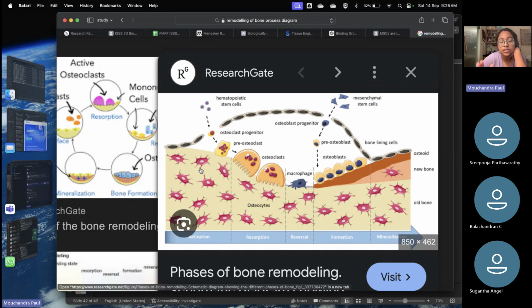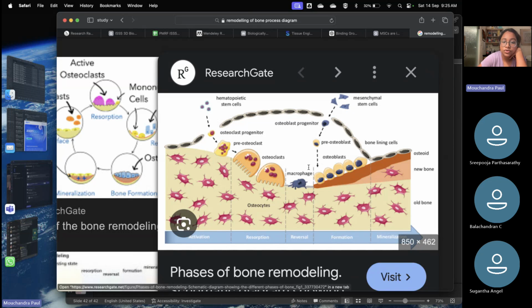Now we can divide this process into phases. The first phase is activation, like the process has to get activated by some stimuli, and that activates the cells that are going to play a role here, meaning the formation of the osteoclasts and osteoblasts.